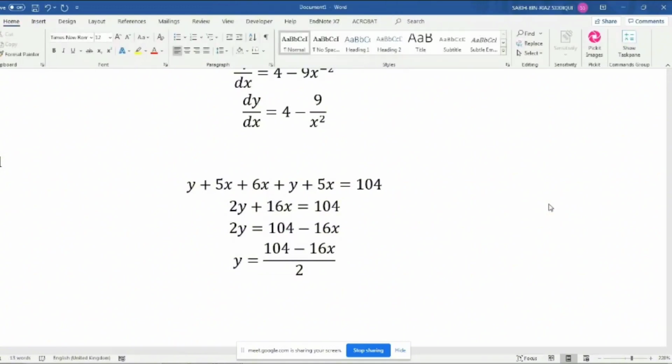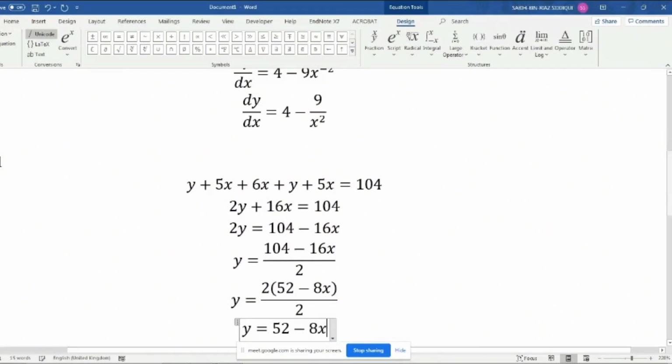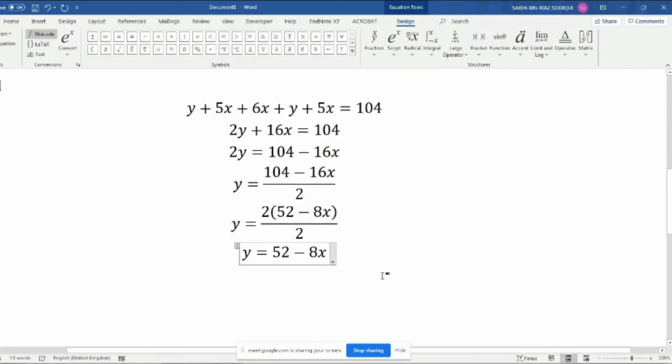Everyone is following? I can take 2 common in the numerator as well and simplify. Y is equal to, take 2 common, 52 minus 8x upon 2. Cancel out these 2's. Y is equal to 52 minus 8x. This is your y in terms of x.